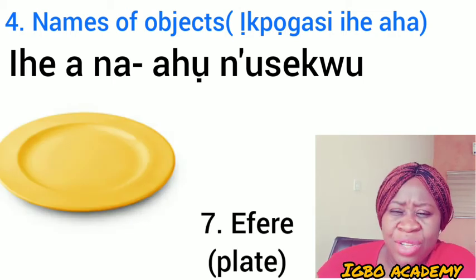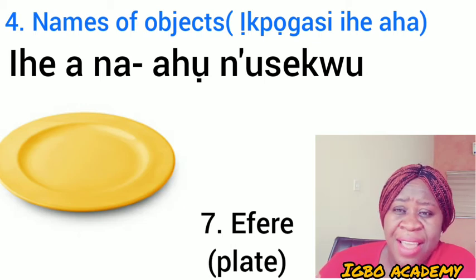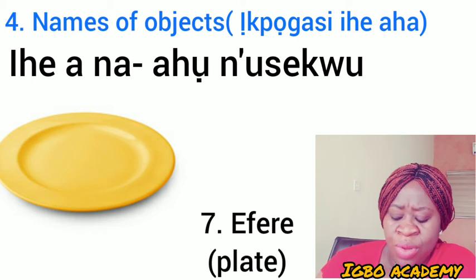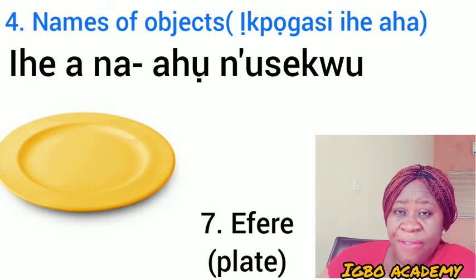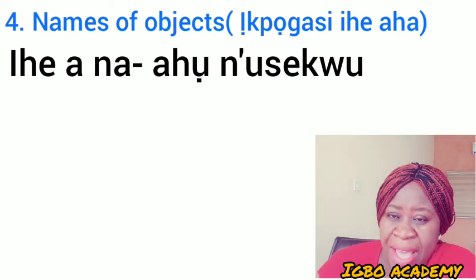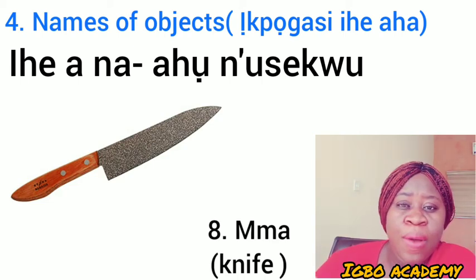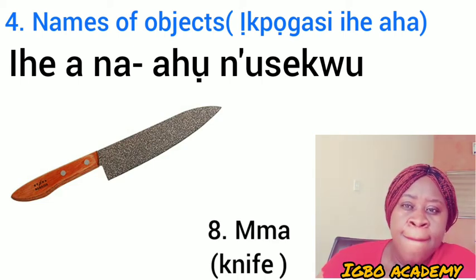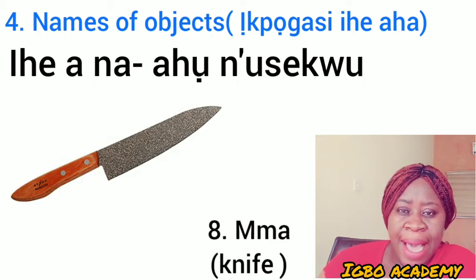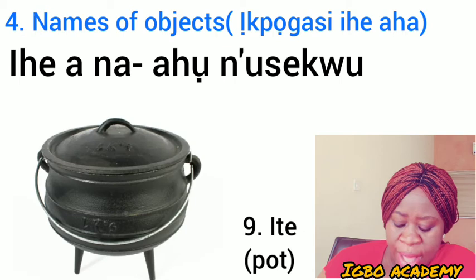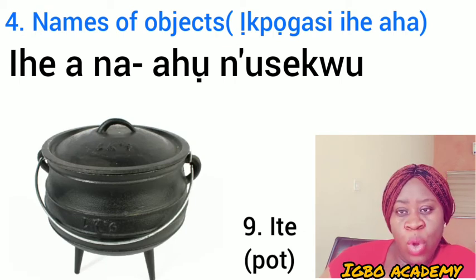The number 7 is the plates. The plate is called efere in Igbo language. Number 8 is the knife, and the knife is called mma. Number 9 is the pot.